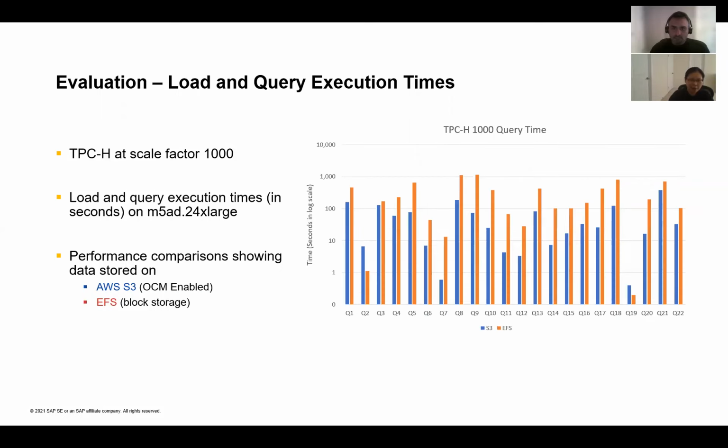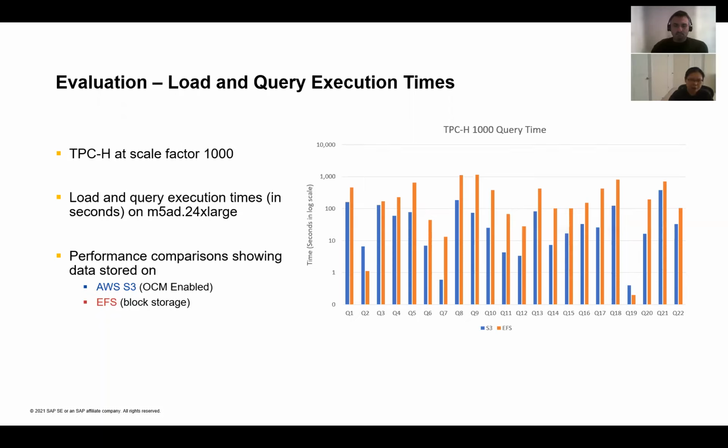Continuing with our next graph is the time to run the TPCH bench queries. The time shown here is in log scale. Again, we can see that in most cases, the queries run an order of magnitude faster on S3 using our approach. The reason is twofold.